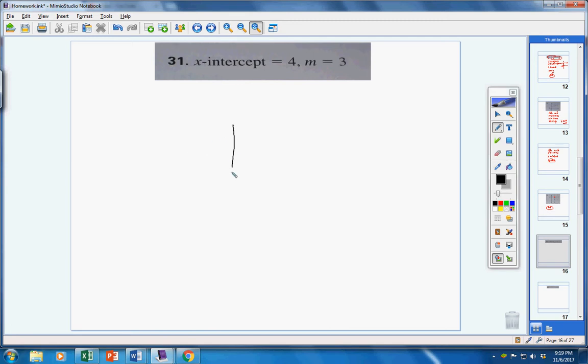I'm telling you right now, the line passes through the x-axis at where? 4. So the line is going to pass through that point. Now, students, stop and think. What is this point called? It's called 4, what? 0.